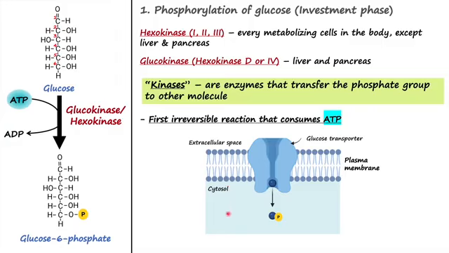Moreover, this rapid conversion of glucose to glucose 6-phosphate also keeps the intracellular concentration of glucose low, so it regulates the intracellular glucose concentration. So this is the first step, and it is a very important and highly regulated step.